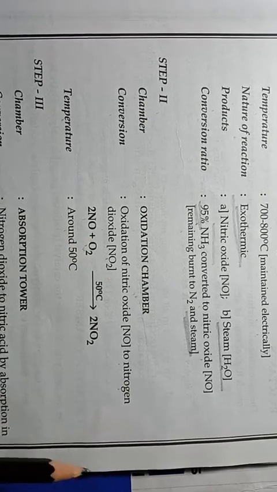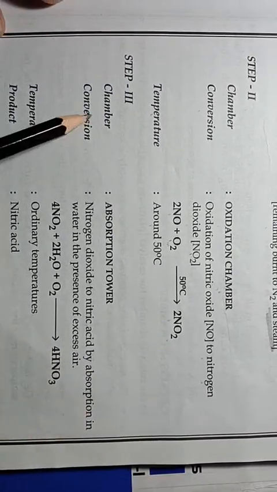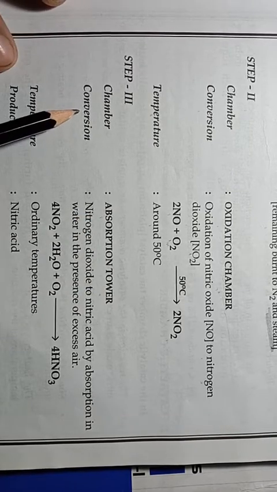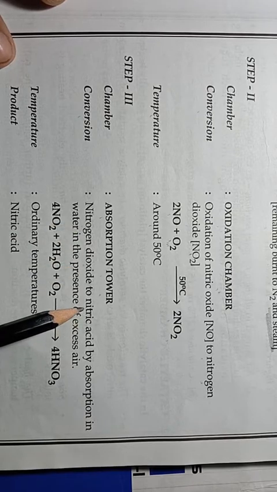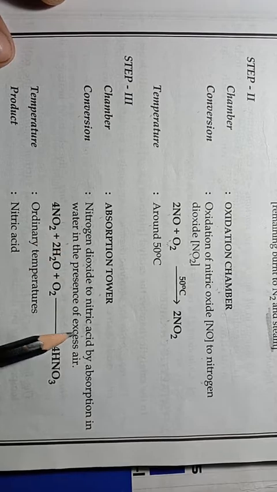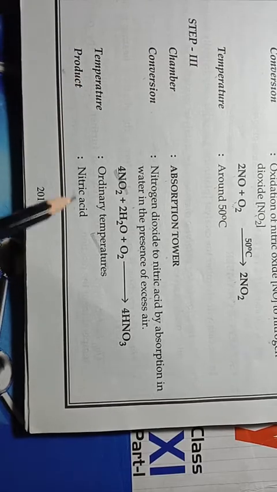Temperature around 50 degrees Celsius, and this nitrogen dioxide is passed to the third chamber, known as the absorption tower. Conversion: in this tower, nitrogen dioxide to nitric acid by absorption in water in the presence of excess air. This is the equation. Temperature: ordinary temperature. Product is nitric acid.